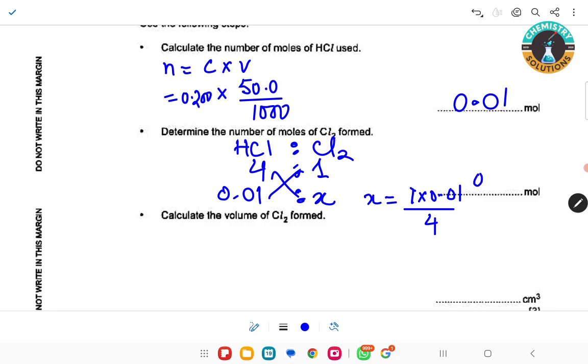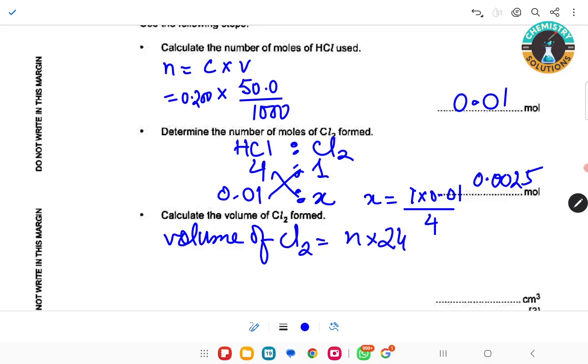Answer is 0.0025 moles. Calculate the volume of chlorine. To calculate the volume of gases, we have the formula: moles times molar gas volume. We will use 24 centimeter cube, so we will use 24,000.